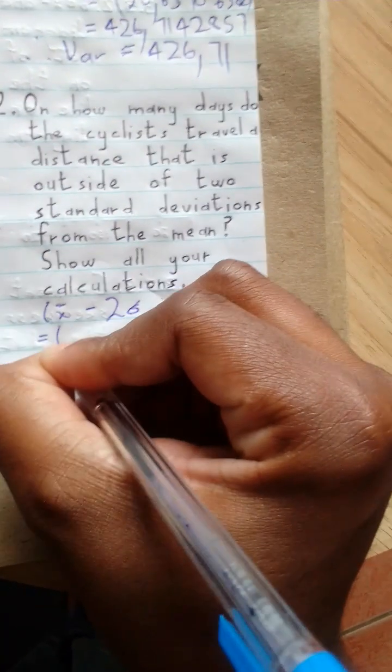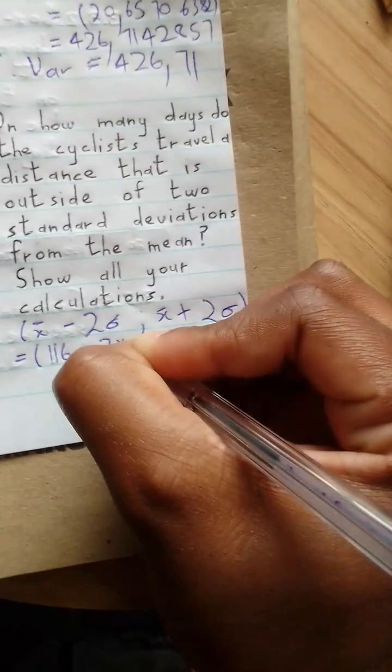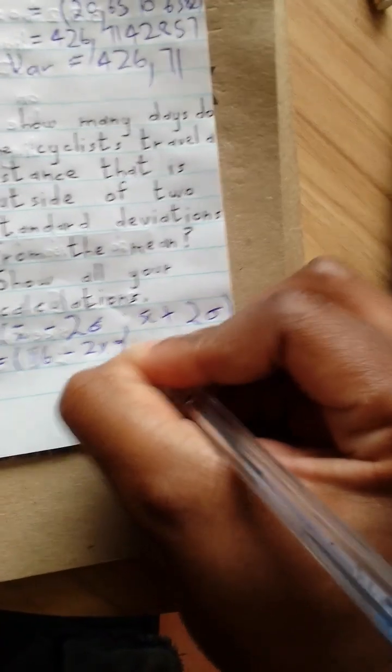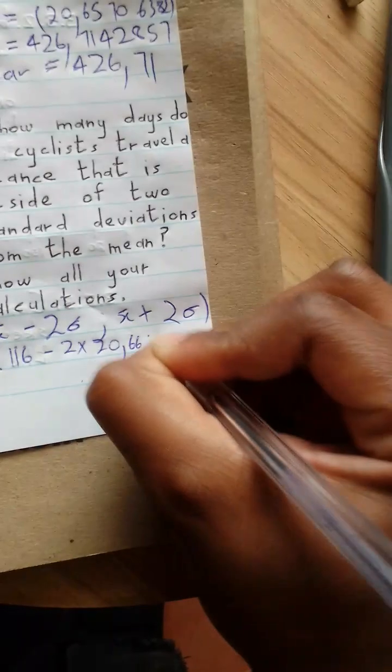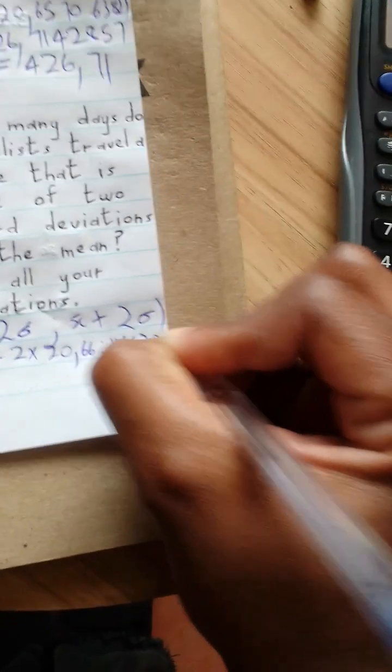What is x bar? 116 minus 2 times 20,66, then 116 plus 2 times 20,66.